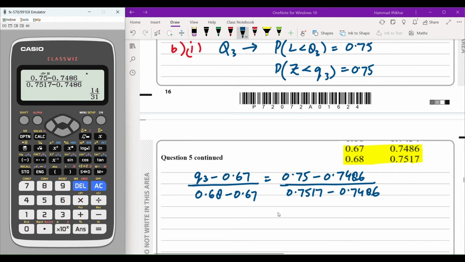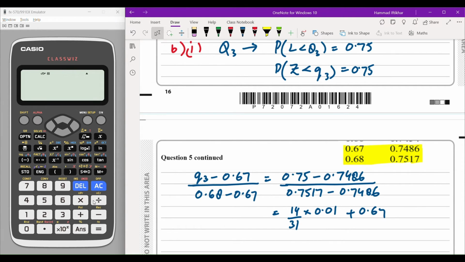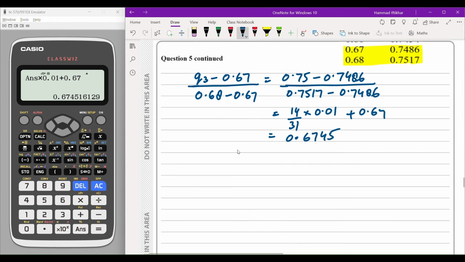That is 14 over 31 times 0.01 plus 0.67. Okay, so answer times 0.01 plus 0.67. So that is going to be 0.6745. Okay, now Q3 is the value 0.6745.